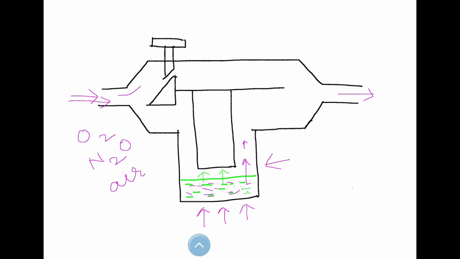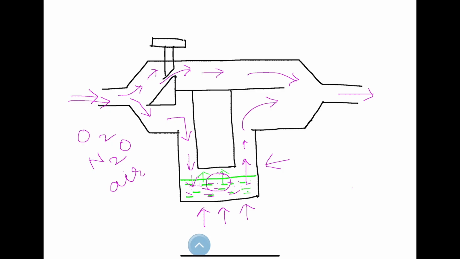As we can see in this diagram, there are two ways this gas can proceed. So this way the gas goes to the vaporizing chamber and this way it enters here. This is the bypass. So some fresh gas enters the vaporizing chamber to get saturated with the inhalational anesthetic vapors while some gets bypassed.